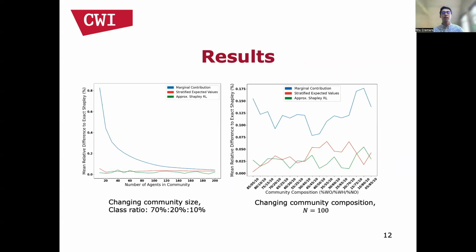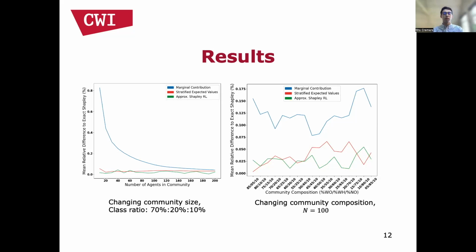Here you can see the result of the experiment. On the left figure I'm presenting here, we keep the proportion of the different types constant and vary the number of agents in the community. The community was made up of 70% work at office, 20% work from home, and 10% night owl classes. The x-axis shows the community size, and the y-axis shows the performance of the method, with closer to 0 meaning it approximates the Shapley value better. The blue line is the result of the last marginal contribution method.